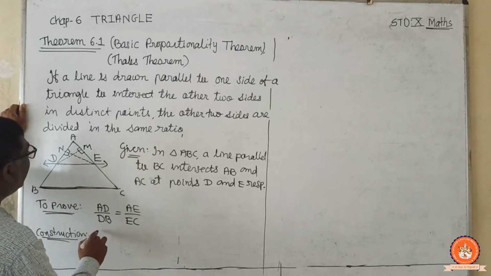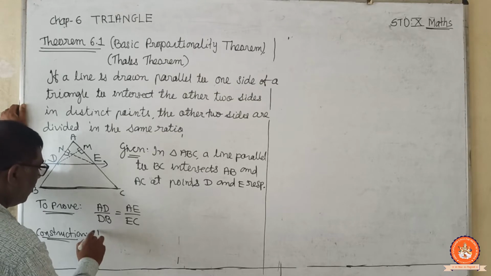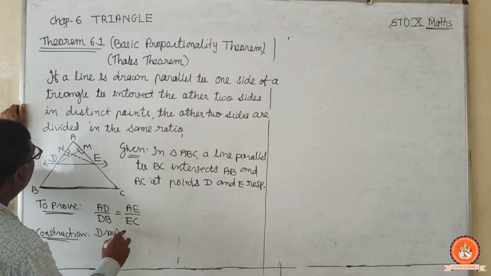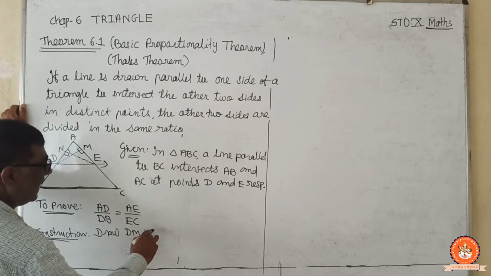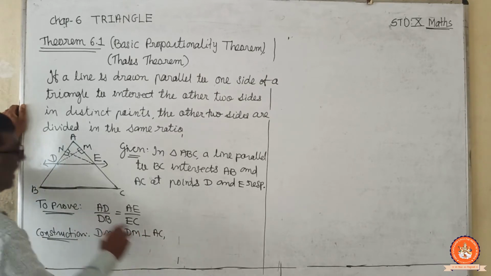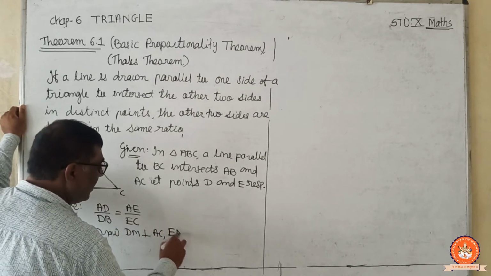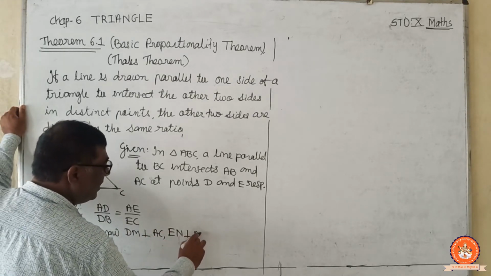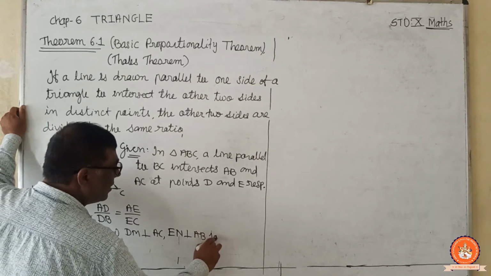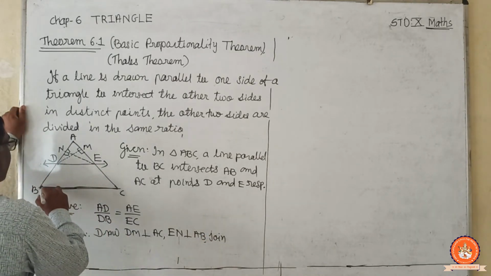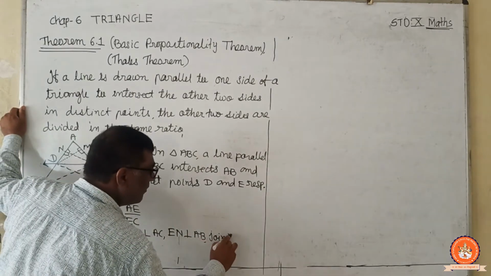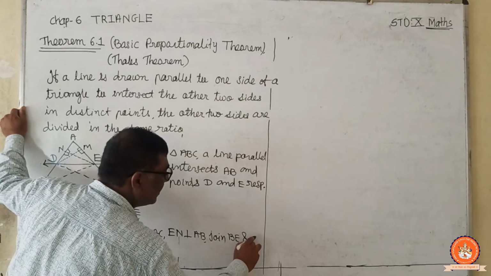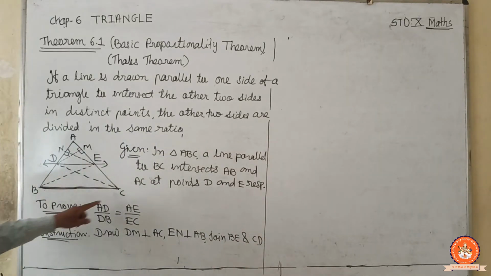Draw DM perpendicular to AC, EN perpendicular to AB, then join BE and CD. We have to join BE and CD.